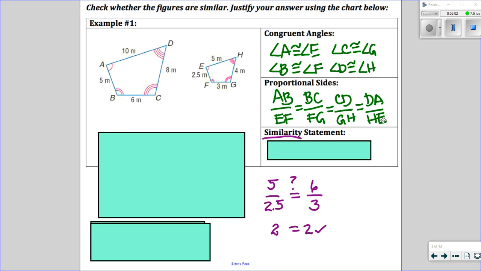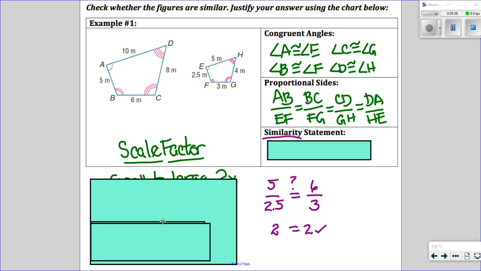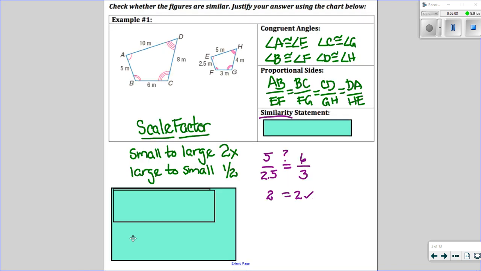So then I can do that for all of them. They're all in proportion because they have a scale factor. And I figured out that from the big to small, I would have to do half of whatever the dimensions are. And if I did the other way from small to big, I'm basically doing 2 times the measurement.